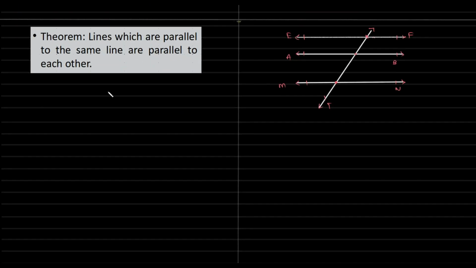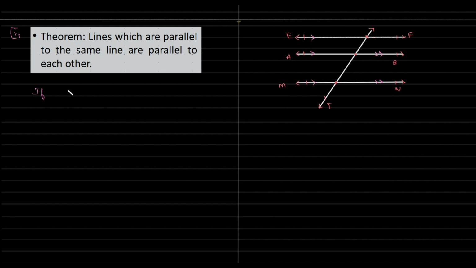And the last one is also very simple. Lines which are parallel to the same line are parallel to each other. So here I have three lines and a transversal line. If EF is parallel to AB and AB is parallel to MN, then EF will also be parallel to MN.